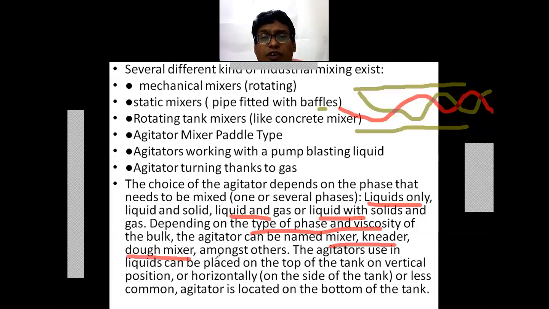These are the different names, but the purpose is to mix, to get a uniform concentration or a random concentration. The agitators used in liquids can be placed on top of a tank, in a vertical or horizontal position, depending on the process requirement.